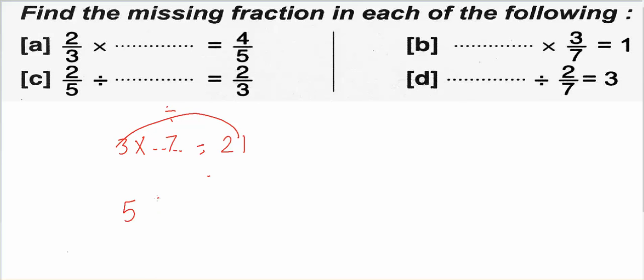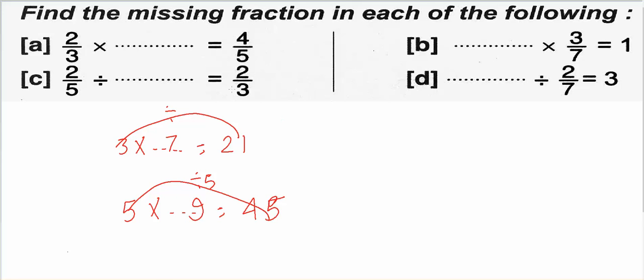Another example, 5 times space equals 45. 5 times 9 equals 45. We can do it by dividing 45 by 5 equals 9.